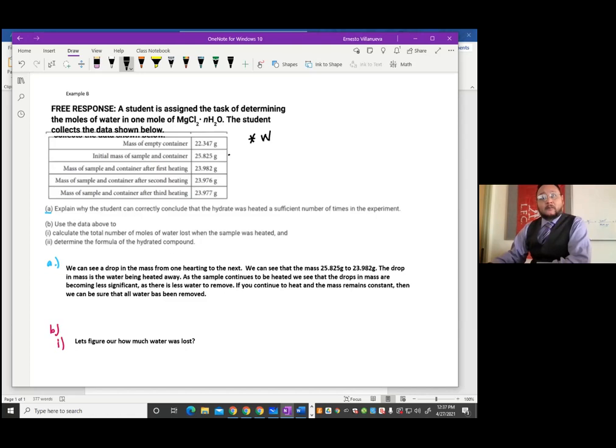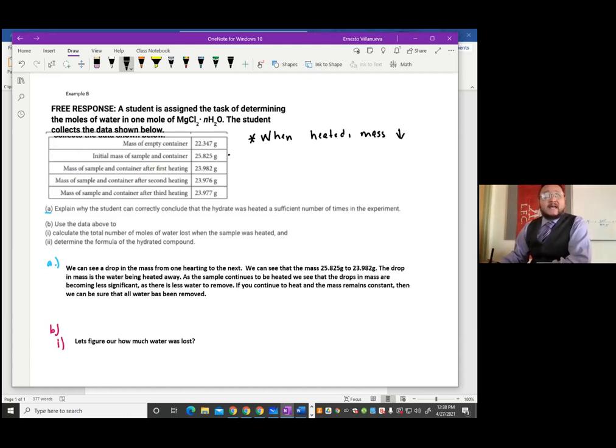Anybody? The mass decreases. Look, we go from 25.85. After the first heating, we see a drop to 23.98. Then we see a drop again at the second heating to 23.976.